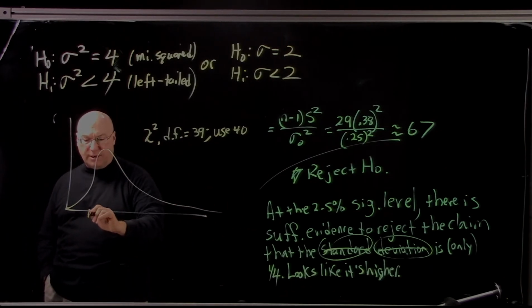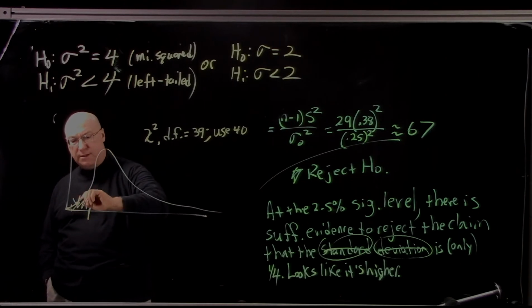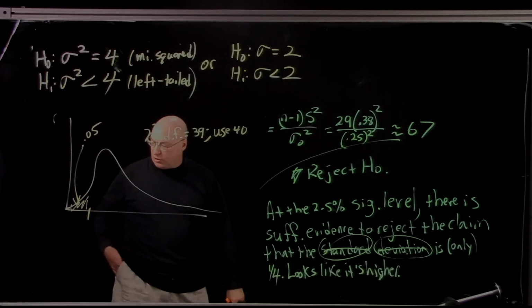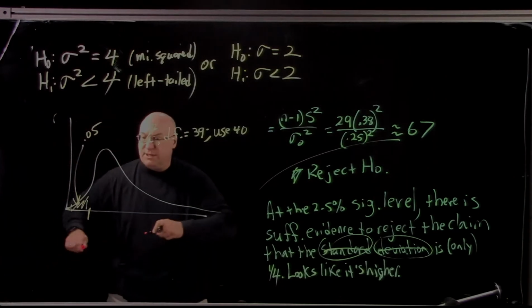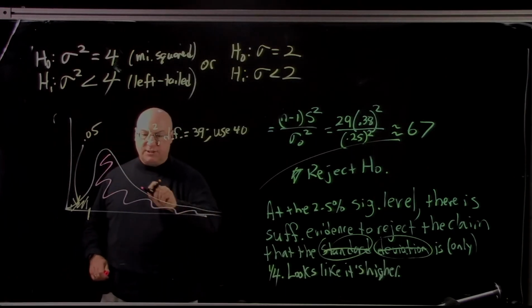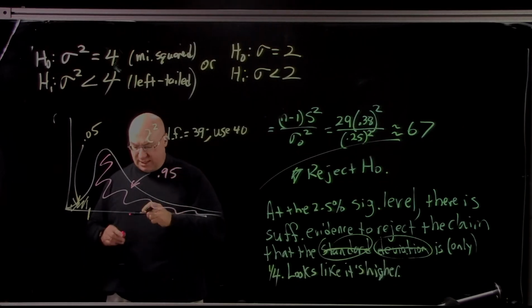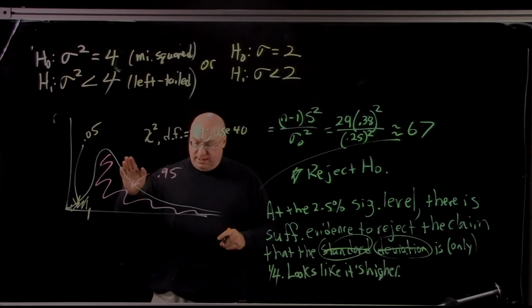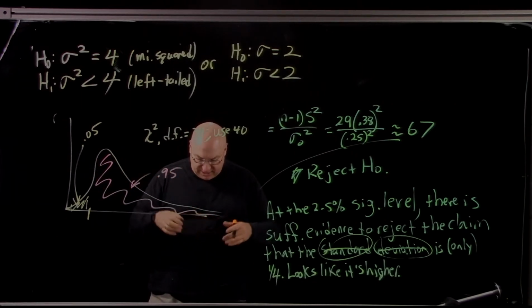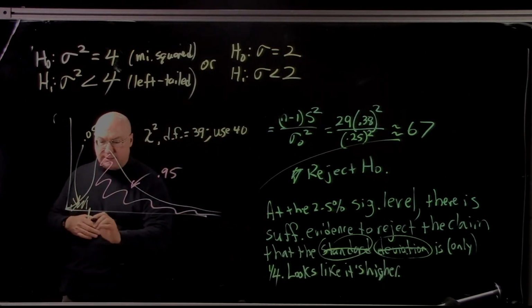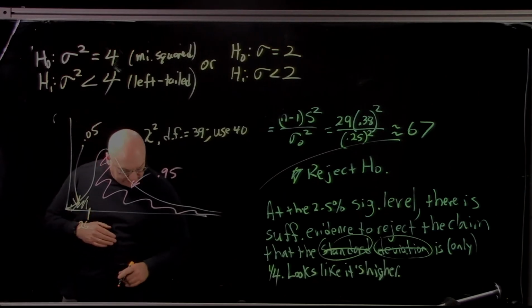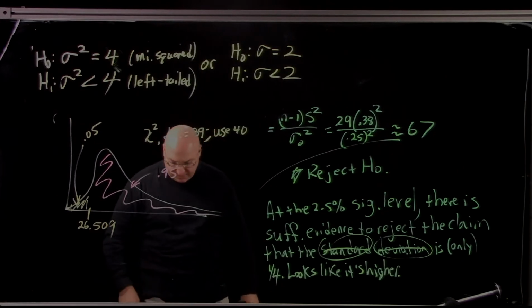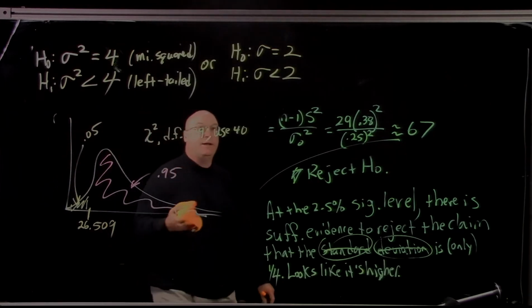So I come back over here, and I want just 5%, 0.05 area there, which of course means I want all this to be 0.95, and of course to use a chi-square table, that's what you have to look up. Area to the right, 0.95, and if you do that, you should get 26.509. All right, so that's what you have there.